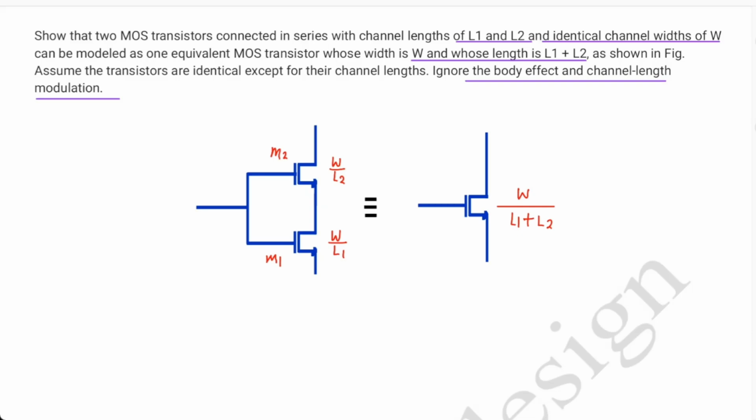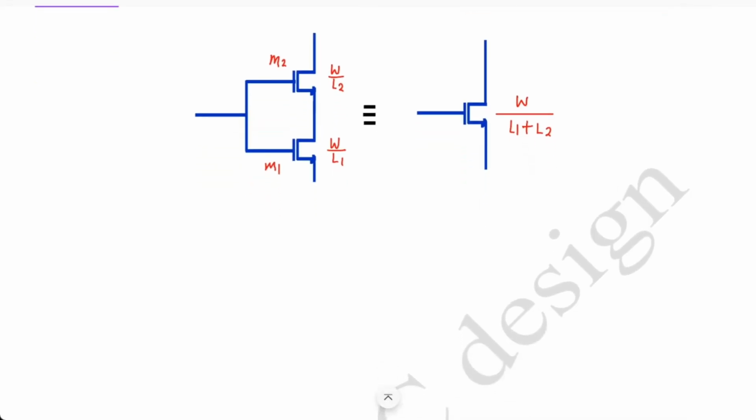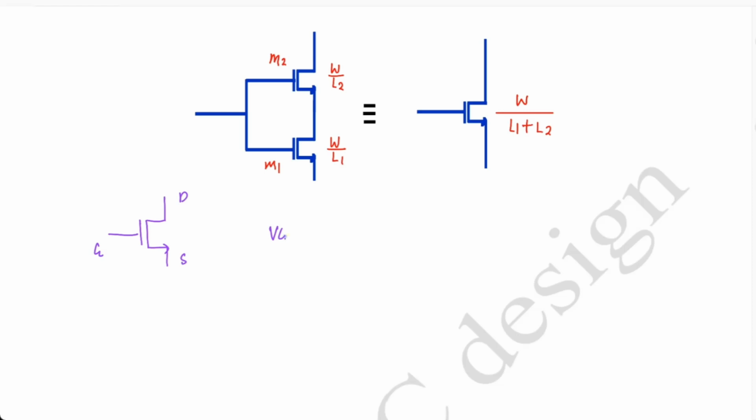Okay, so before we prove mathematically, we need to analyze the region of operation of both transistors. Suppose there is an NMOS with gate and drain. So what will be VGS?